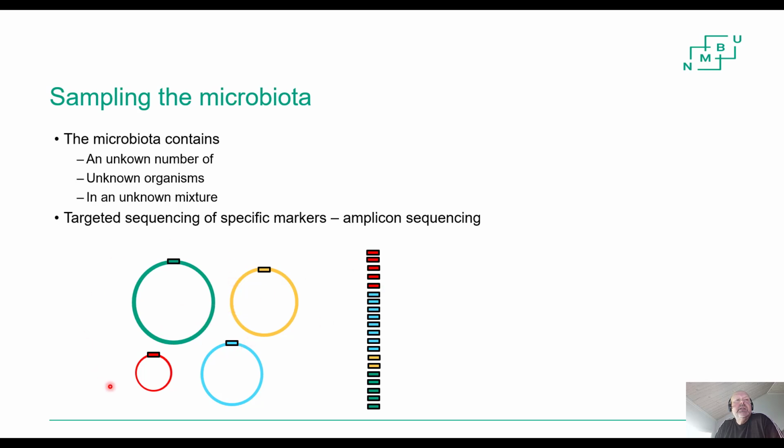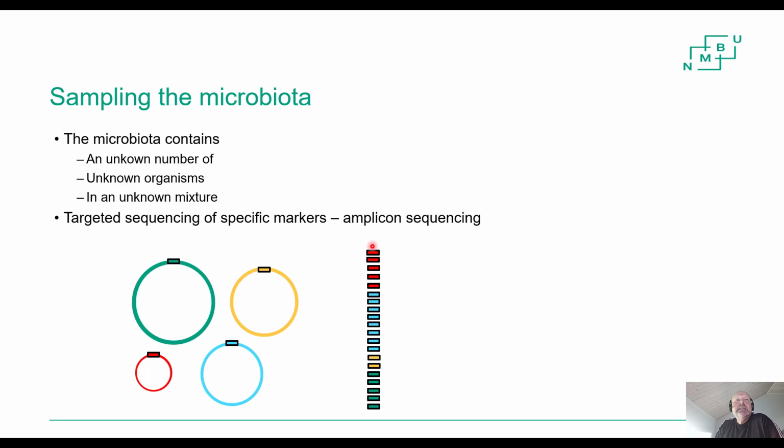So we can imagine that you have originally a hat of many balls in it with different colors, a huge hat, and then you sample, in this case, 20 reads from that hat.